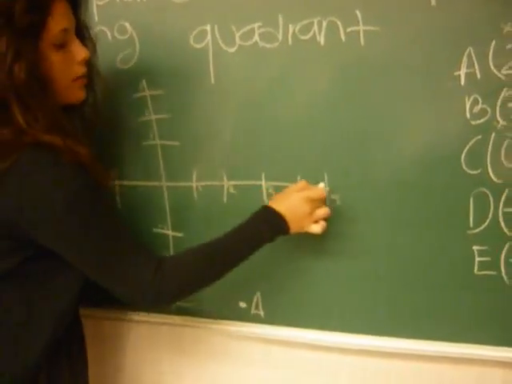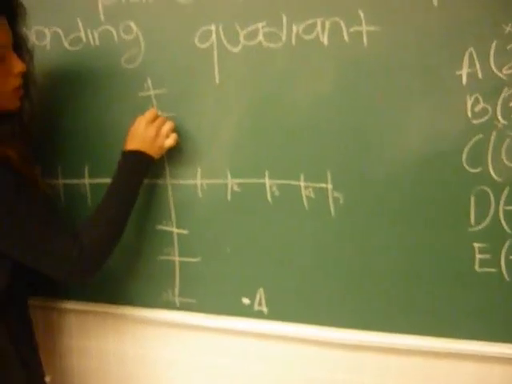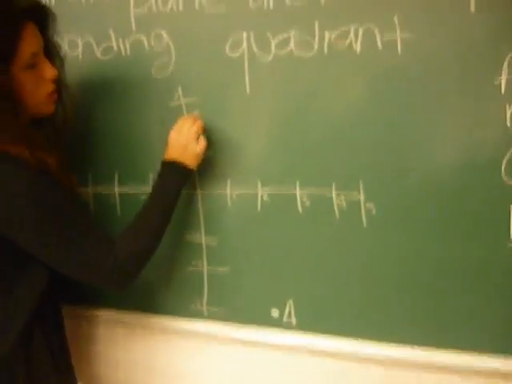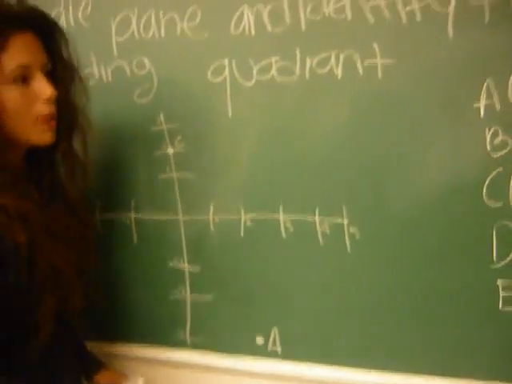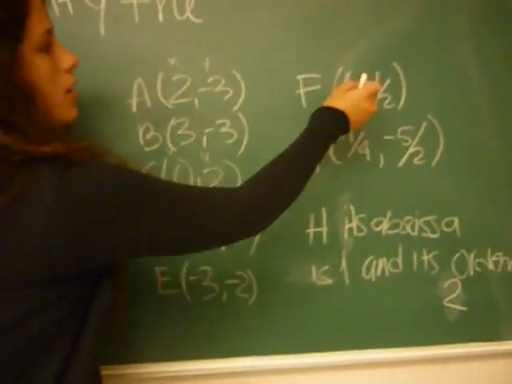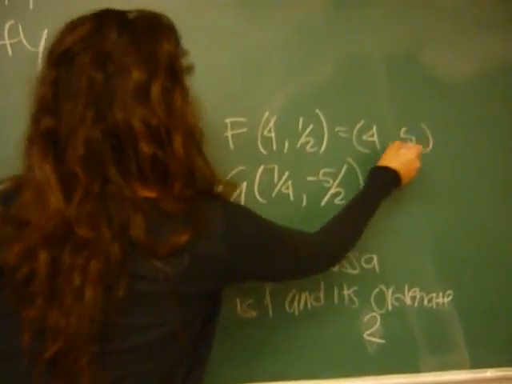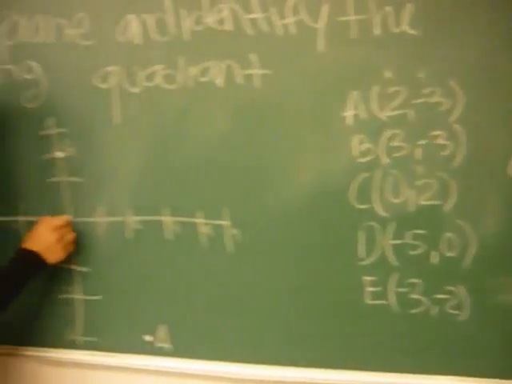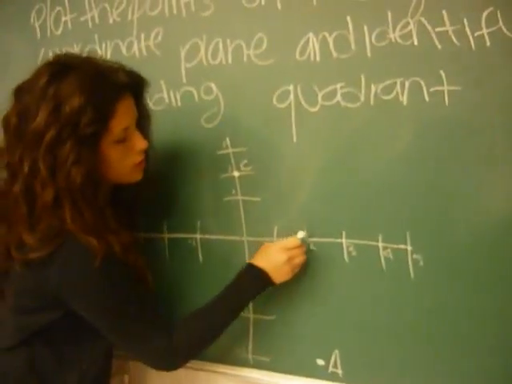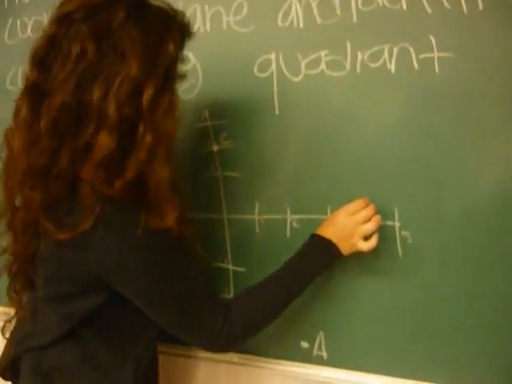You're not going to have any x value, and you're only going to move up where it says the y, and that's going to be your C point. When you have a fraction, you only need to convert it to decimal. This is equal to 0.5, and you only have to graph 4, 1, 2, 3, 4, and 0.5 up.